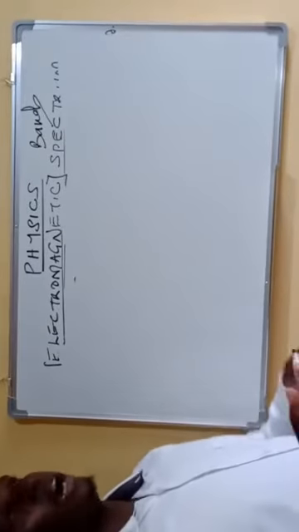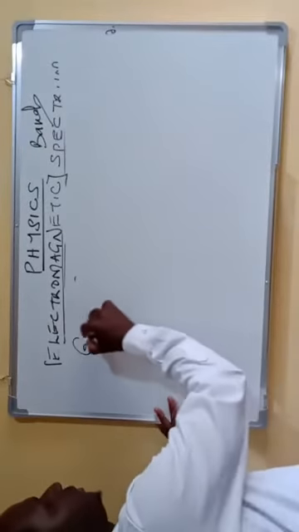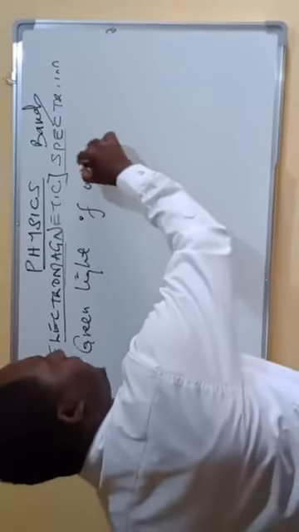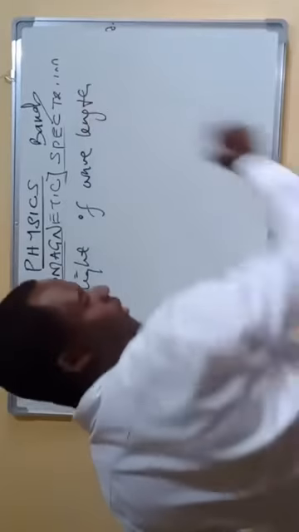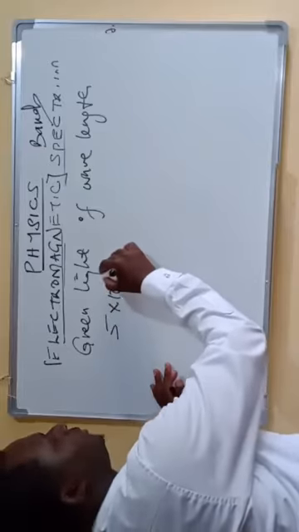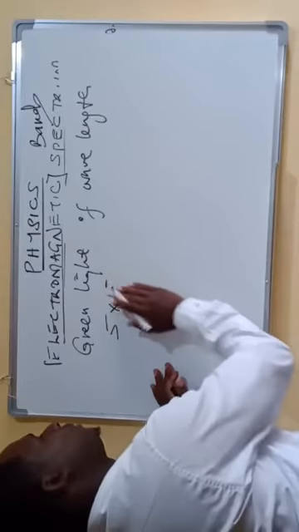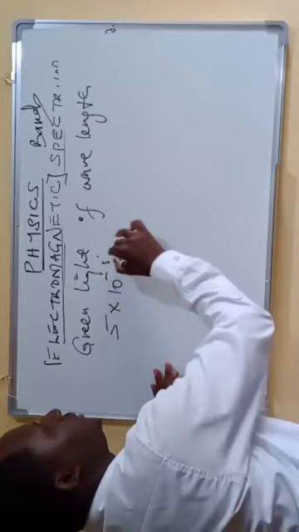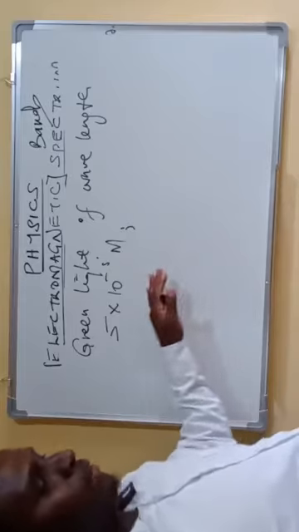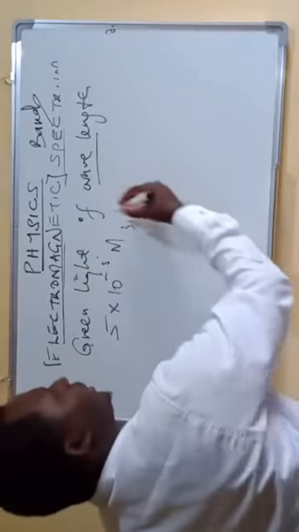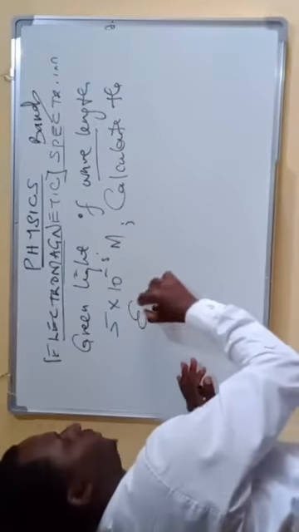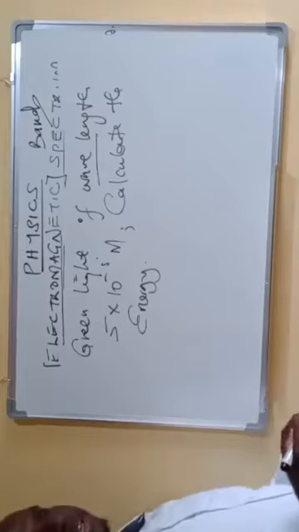So if you have a green light of wavelength 5 times 10 to the power negative 5 meters, we are given the wavelength, and we're told to calculate the energy.